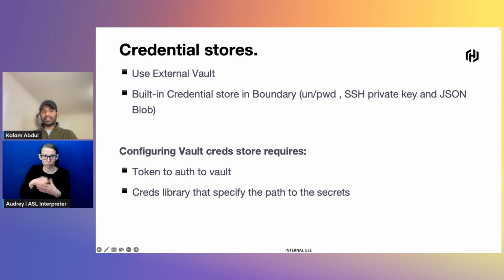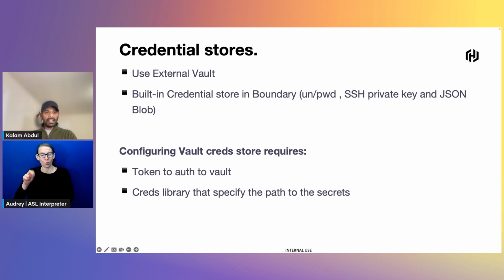And to configure this credential store, you need to have a token that can authorize to Vault, and it needs a specific policy that will be created on the Vault side. And having the right permissions in that policy, you could create a periodic token using that policy.